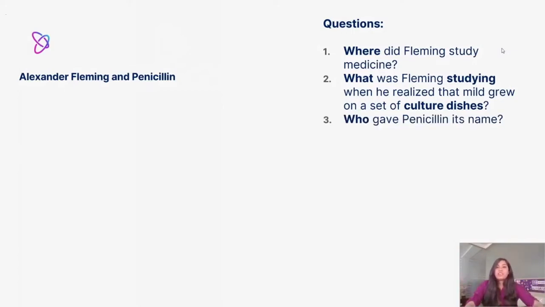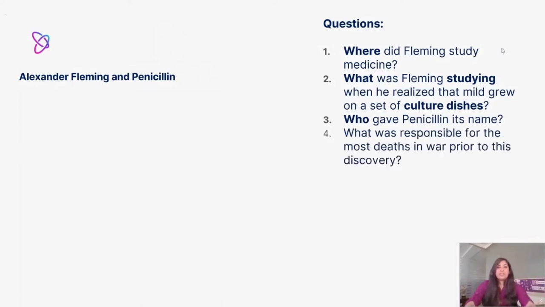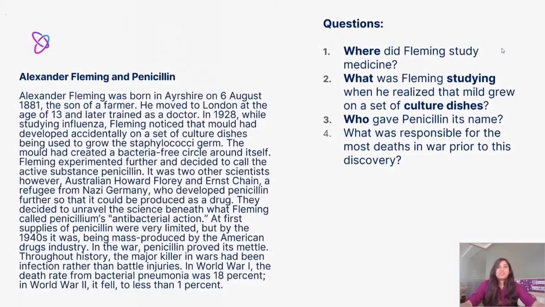And three, who gave penicillin its name? So you're looking for a person's name again, who? All right. And what was responsible for the most deaths in war prior to this discovery? Okay, so you're looking for what was responsible. So the keyword here would be most deaths, war.